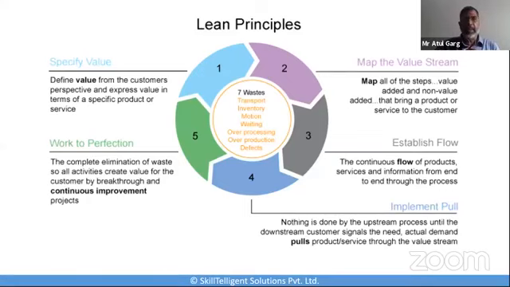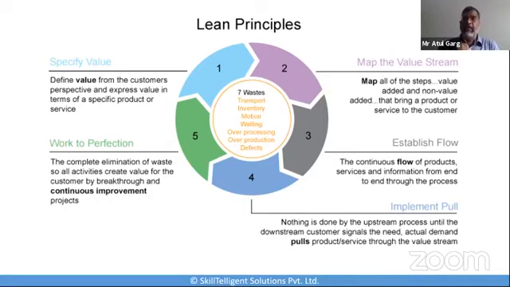The fourth one is implement pull. Now, it's a given when we go into lean manufacturing, and as a process also, that unless we have the downstream customer or the downstream process identifying the need, the upstream process can do nothing much.